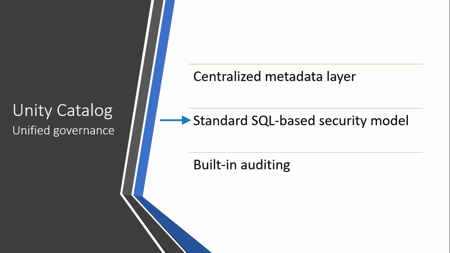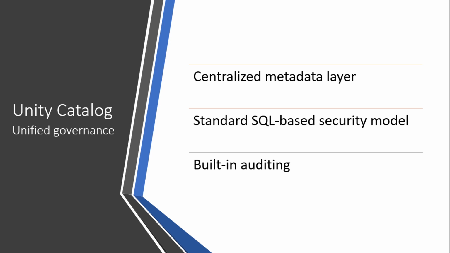Once the permissions are defined, it applies across all workspaces. Unity Catalog also captures user-level audit logs. It offers more features such as data lineage, data discovery, and data sharing. However, the most critical features are centralized metadata, security, and audit logs.